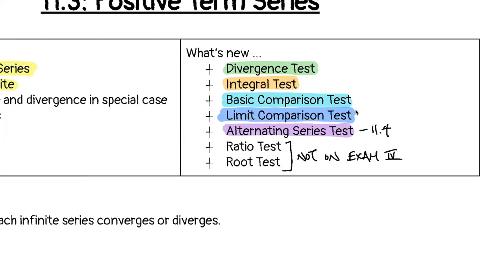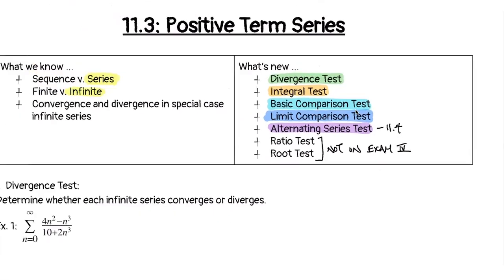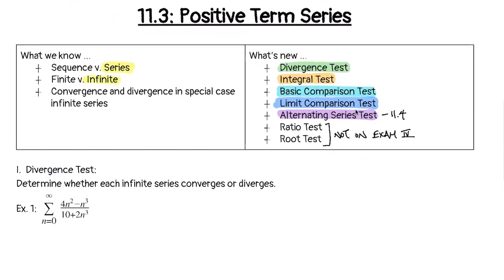But that means that the ratio and the root test could be fair game for the final exam, all right? So we're learning 5 of these 7 tests, and for this section, and then when we come back next week, we'll finish off with the ratio test and the root test, okay? So that's where we're headed over the next week.